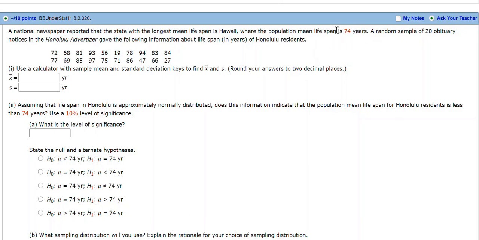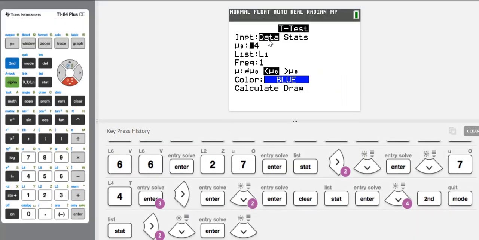I use a frequency of 1 because I want to use 100% of each of the data points. Then I have not equal to, left tail, and right tail.